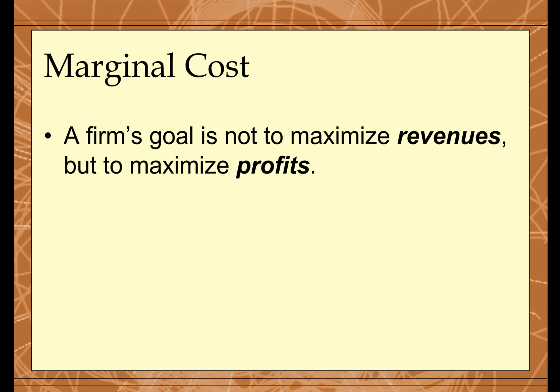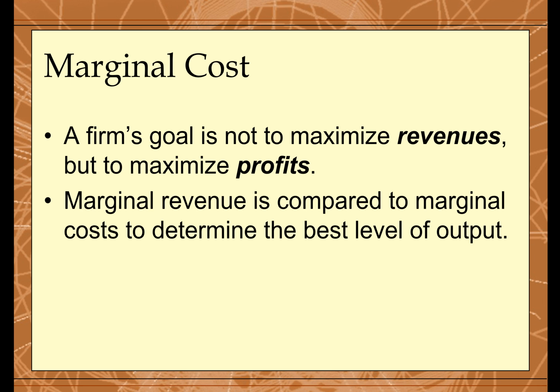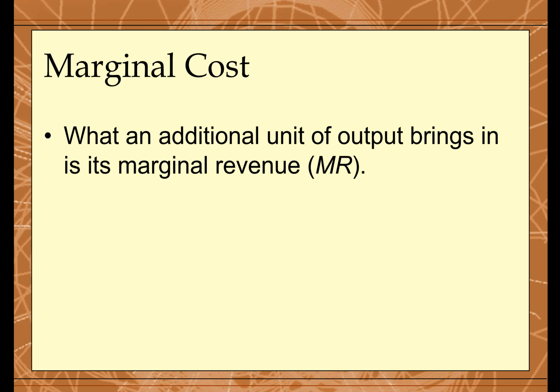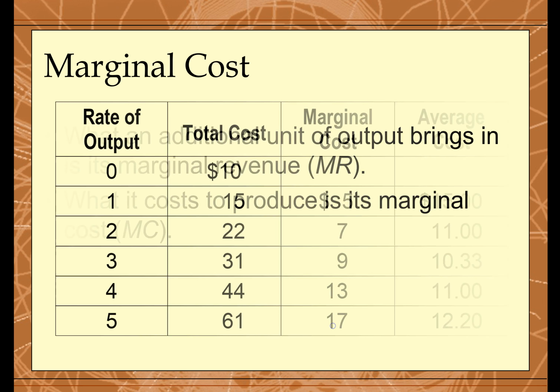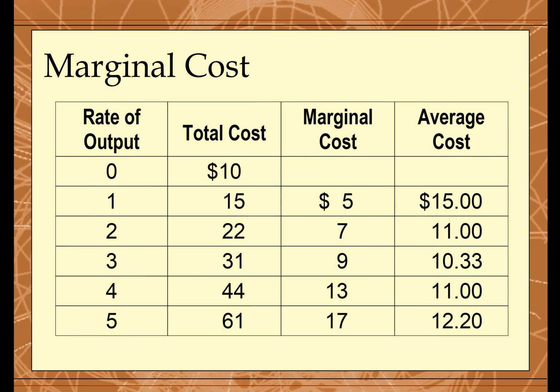Now, we're going to try to maximize profit here, so we're going to be comparing MR to MC. So here is marginal cost, the change in total cost when you produce one more unit. When you go from 0 to 1 unit of output, total costs increase from 10 to 15, so the change in total cost is 5.